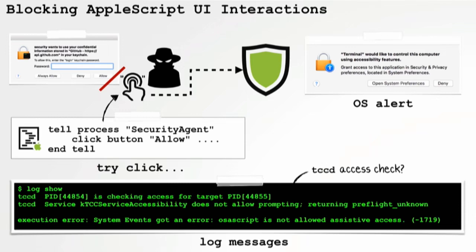So now, for example, if a piece of malware tries to dump the keychain and use AppleScript to send an allow click to that allow button, the operating system will detect that this is a synthetically generated click and will block it and log an error message saying this is not allowed.